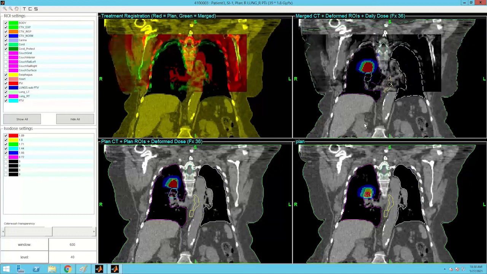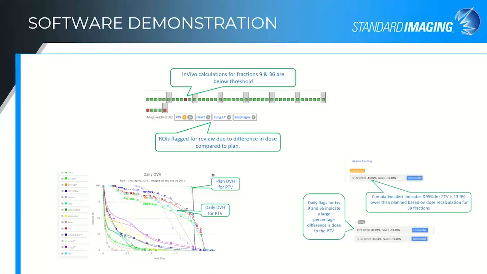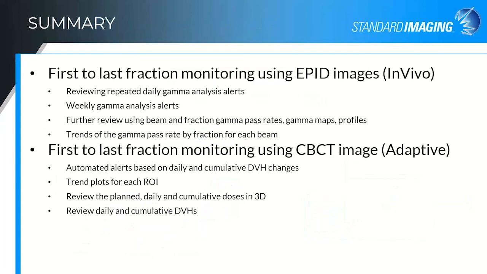And we'll get to fraction 36, which was the other fraction that was quite displaced. So with that, I'll go ahead and finish the presentation.